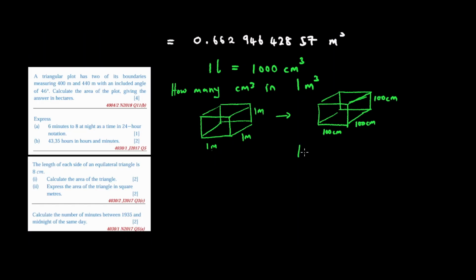Kureva kuti 1 cubic meter inenge iri equal to 100 centimeters times 100 centimeters times 100 centimeters, which is equal to mazero mangani 1 2 3 4 5 6, so it's 1 million cubic centimeters. 1 cubic meter is equal to 1 million cubic centimeters.